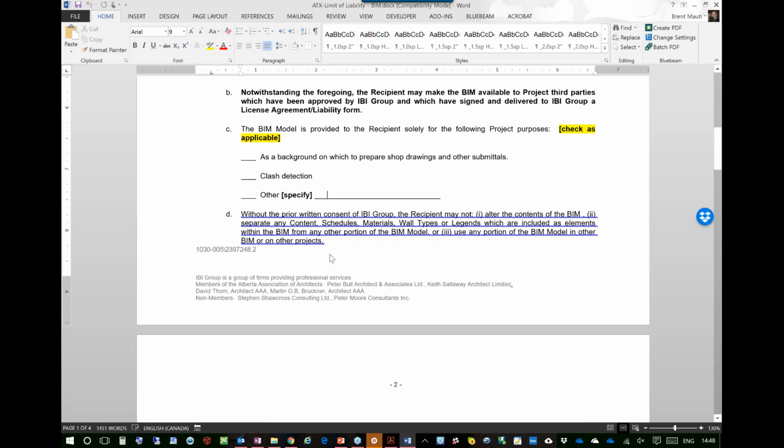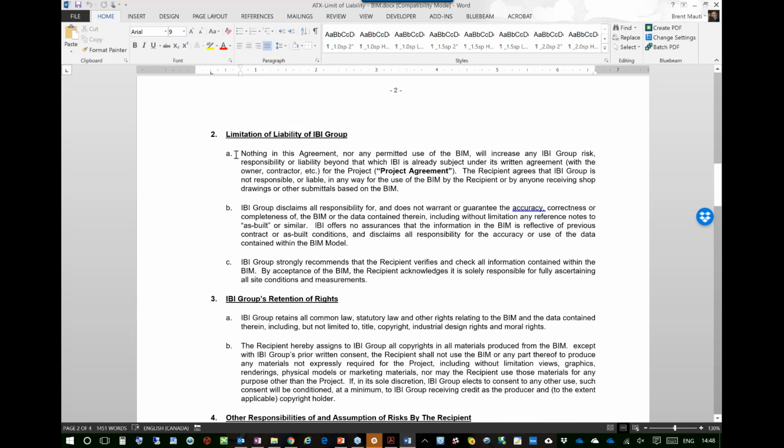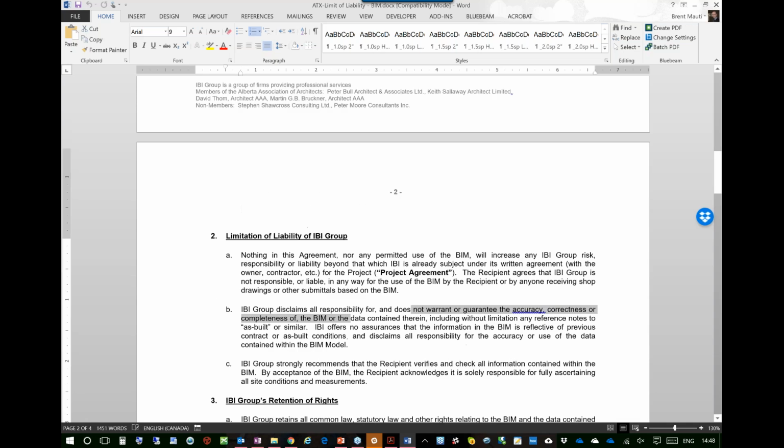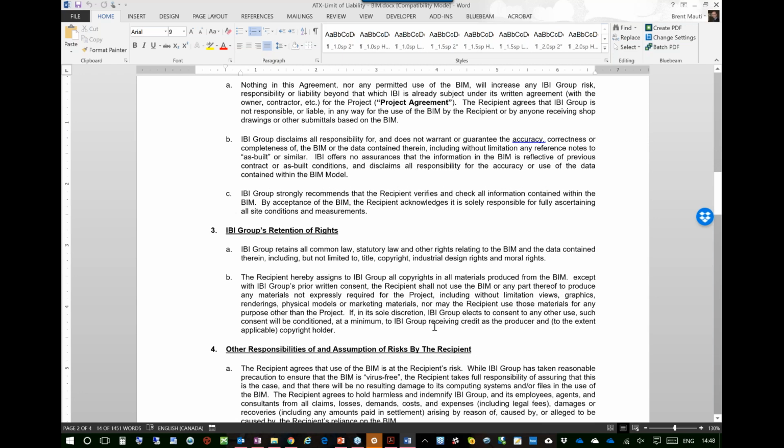And then it goes into saying it can't be handed off to other people, and then it starts to outline the limits. If it's used for any other purpose, we do not warrant or guarantee the accuracy, correctness, completeness of the model, and so on. This helps to alleviate that fear.